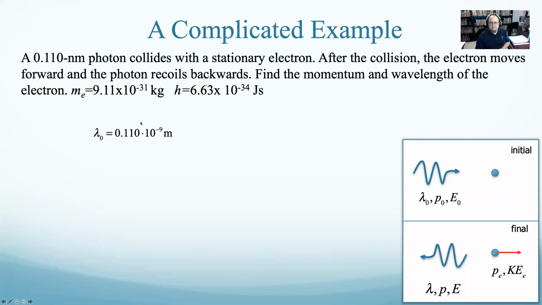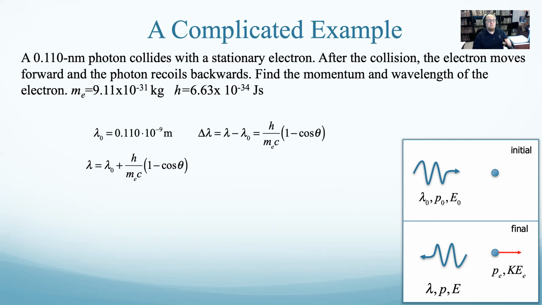So initially the photon comes in with this wavelength. With the Compton shift, we can find the wavelength it leaves at, because the Compton shift says that whatever angle it comes out at tells us our new wavelength. The change in wavelength follows this equation, so the new wavelength, lambda, is lambda naught plus h over m_e c times 1 minus cosine theta.